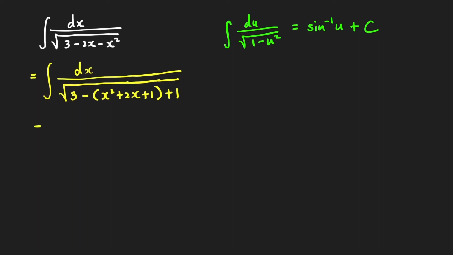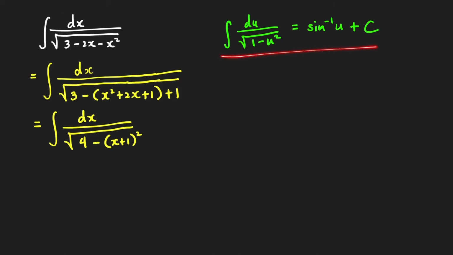So our integral can now be written as integral of dx over square root of 3 plus 1, so that is equal to 4, and then minus this perfect square trinomial, which can be written as x plus 1 quantity squared. Now, since we're planning to use this formula, it should be in the form 1 minus a function, quantity squared.